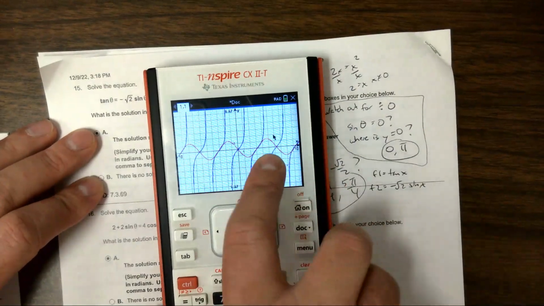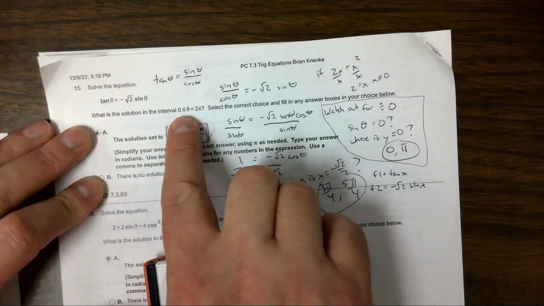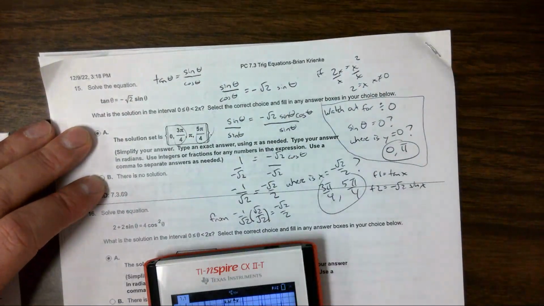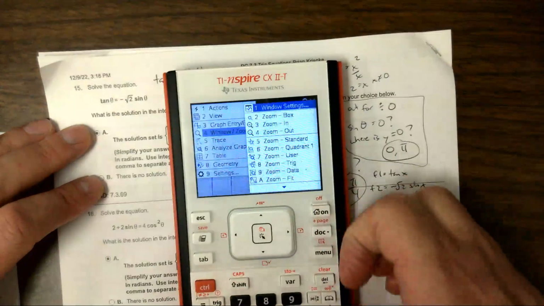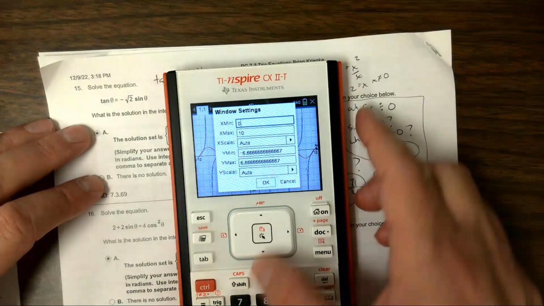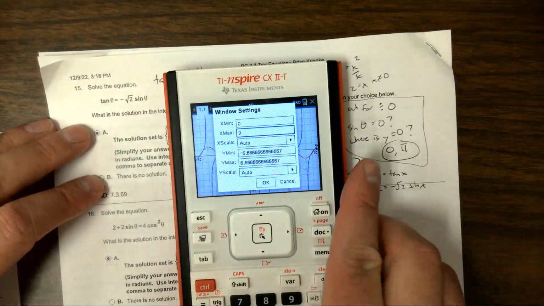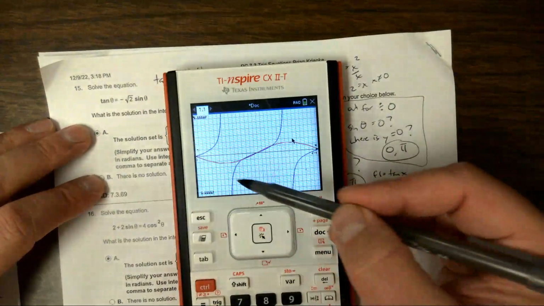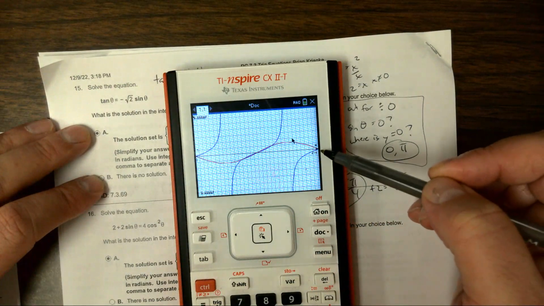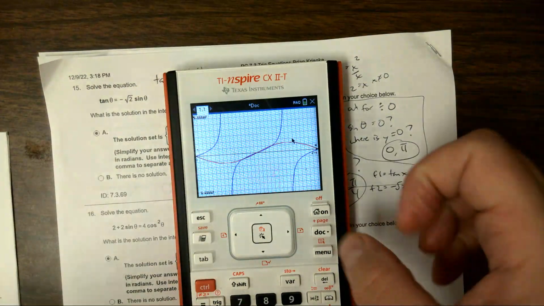I got a bunch. Now I just want from 0 to 2 pi. So like before, we go to the window settings, 0 to 2 pi. 1, 2, 3, 4. Let's just double check them.